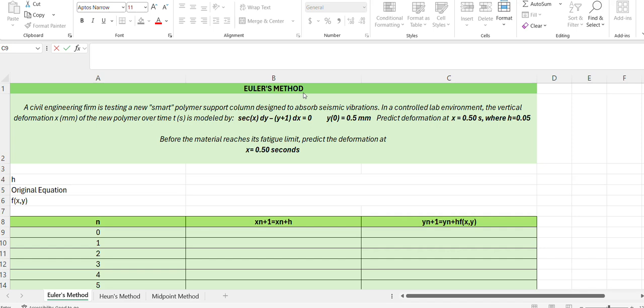The problem is, a civil engineering firm is testing a new smart polymer support column designed to absorb seismic vibrations.